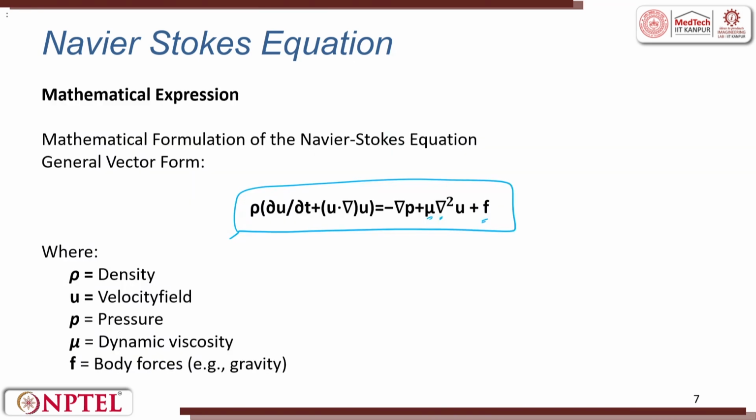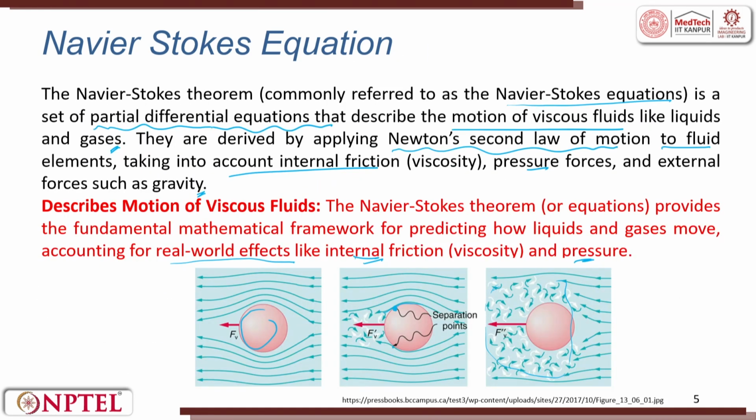The Navier-Stokes equation is a partial differential equation that describes the motion of viscous fluid, derived from Newton's second law of motion, wherein they take into account internal friction, pressure force, and external forces such as gravity.